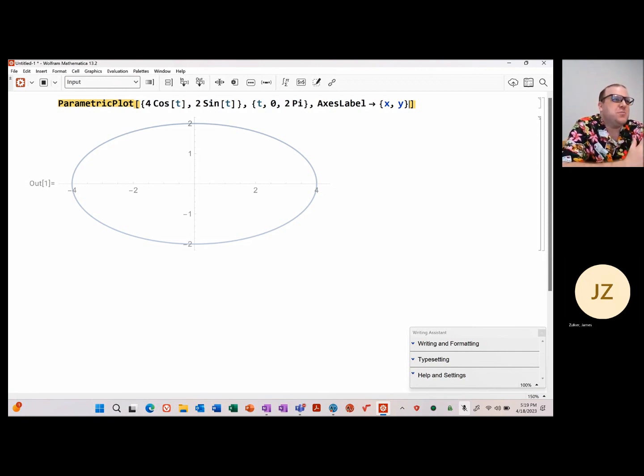So I just kind of got used to always putting axes labels. I'm not a fan of the default Mathematica color. And so I always change it. I don't know what I want to change it to though.